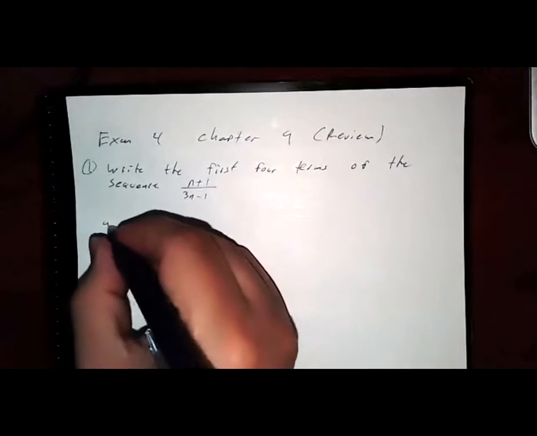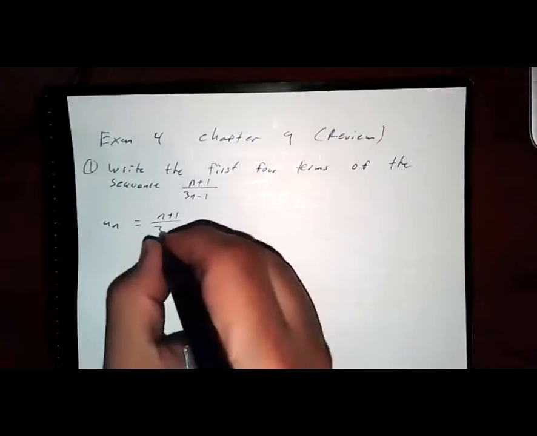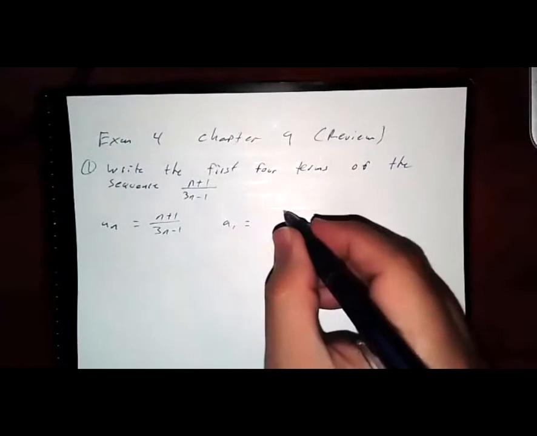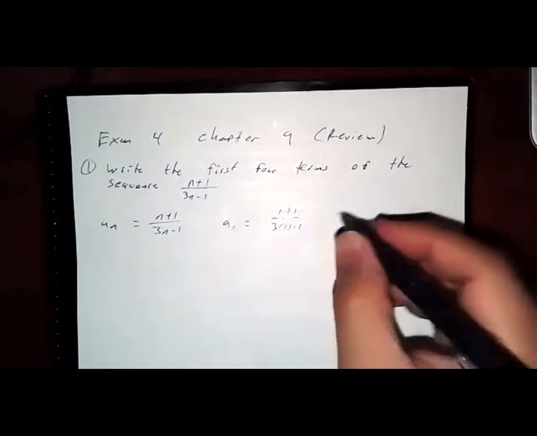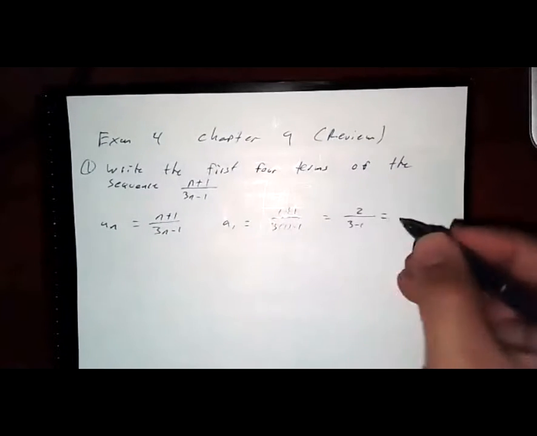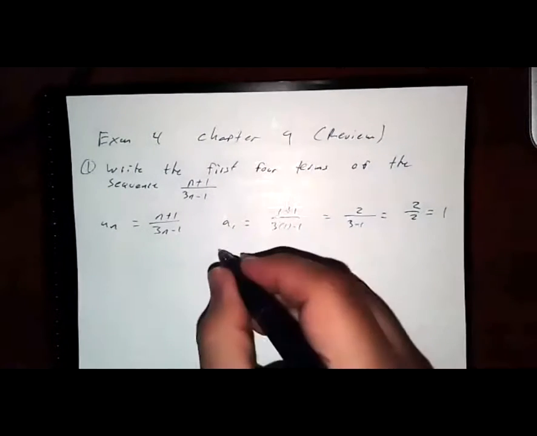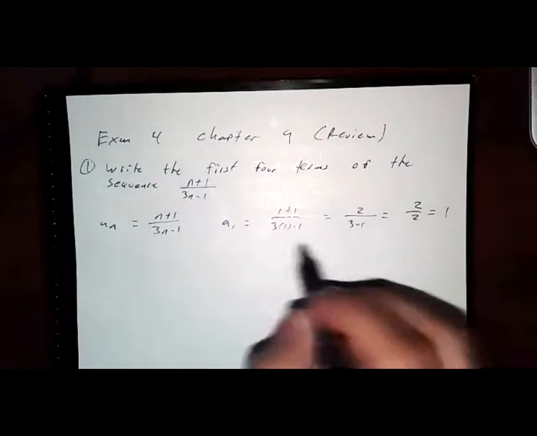So a sub n, obviously, is this sequence that they gave us. All they want is, what is a1? Well, plug in 1, that'll be 1 plus 1 over 3 times 1 minus 1. So that'll be 2 over 3 minus 1, which is 2 over 2, which is 1.